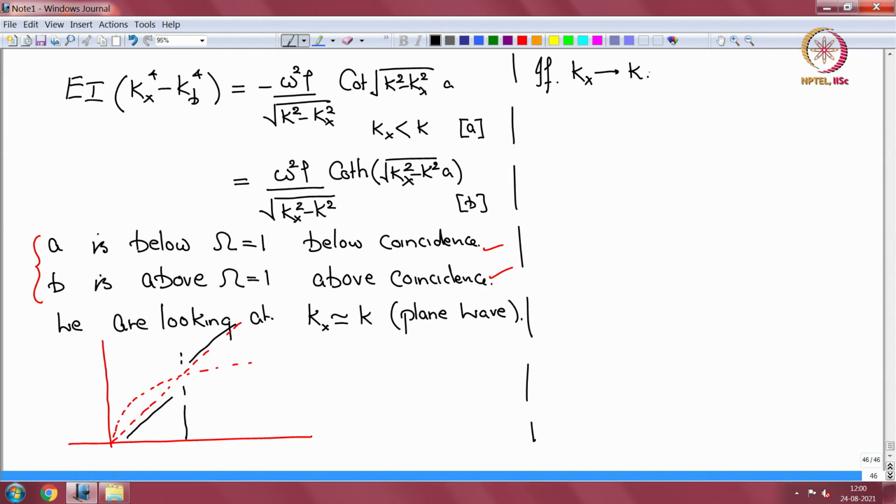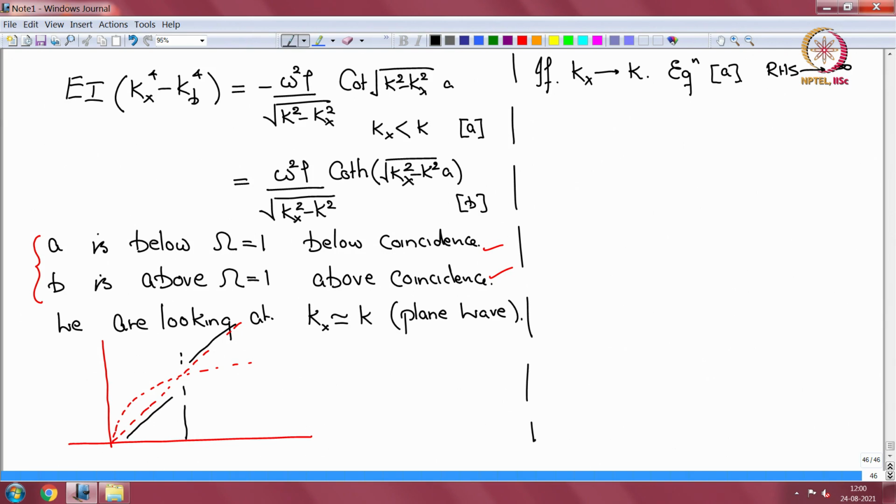Then we are looking at equation A. In equation A, the cot has an argument which is going to 0. So the right hand side (RHS) tends to infinity.